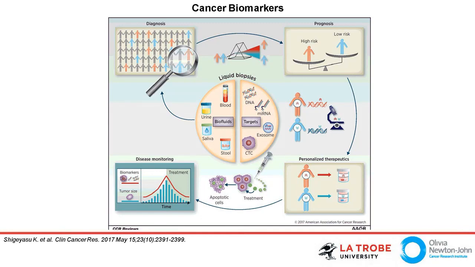Similarly, biomarkers can be used to personalize patient stratification procedures to determine which treatment is suitable for which patient at which time. Now, in this schematic here, unfortunately, antibodies are not included as liquid biopsies, but if I had made this scheme, I would have definitely included them, and I'll try to explain why I think they are the perfect cancer biomarker.